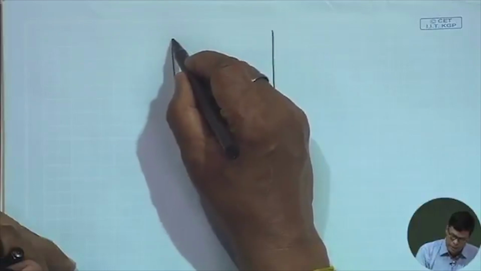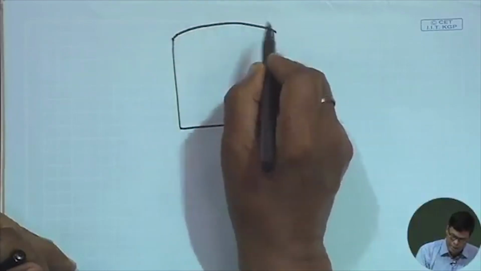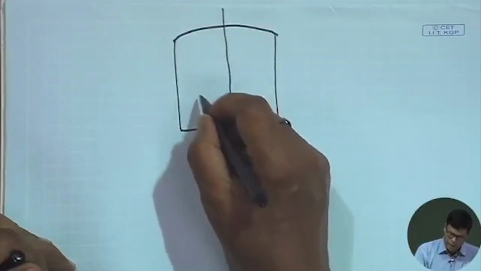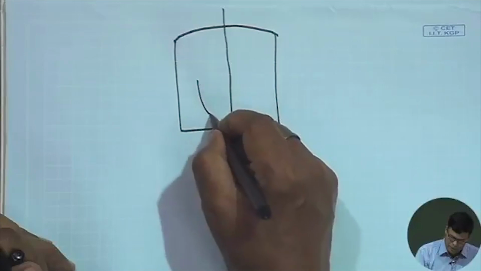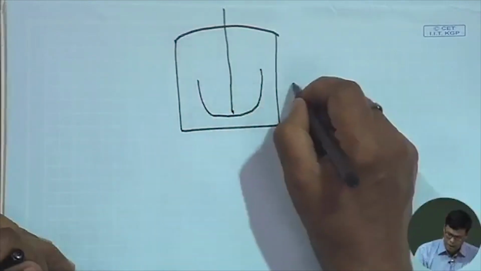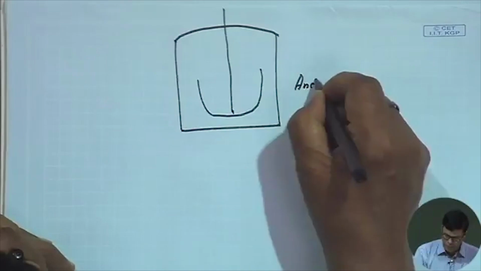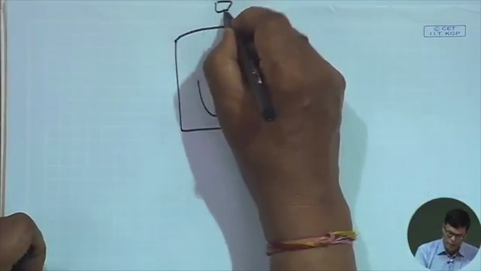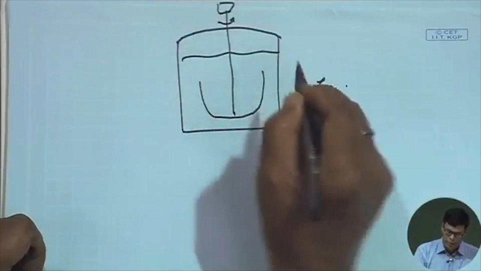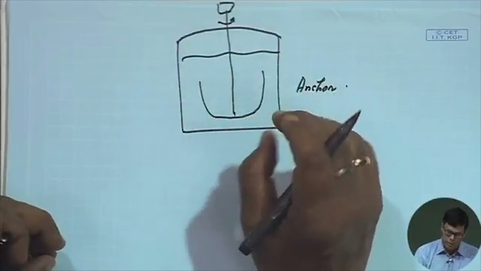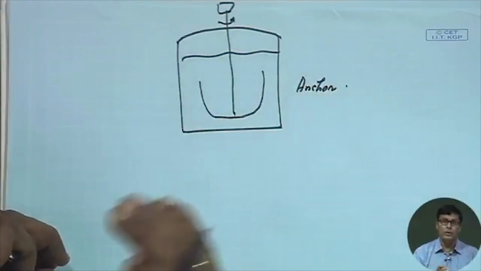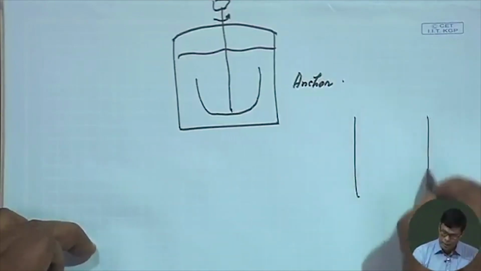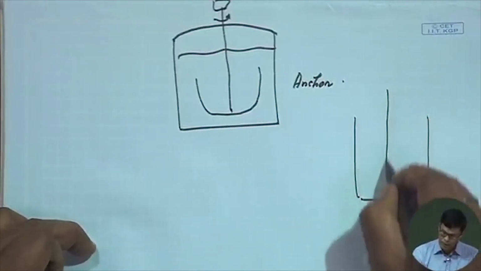It is a tank, and we have an agitator, a special type of agitator that we call an anchor. There are different types of agitators, but here we use an agitator which has very low shear forces, because I explained that in the fermentation industry we use the impeller.